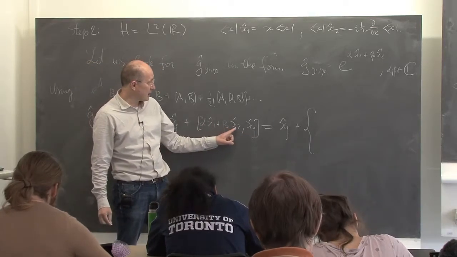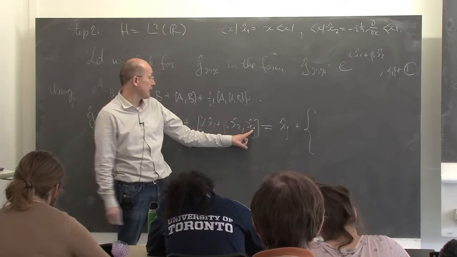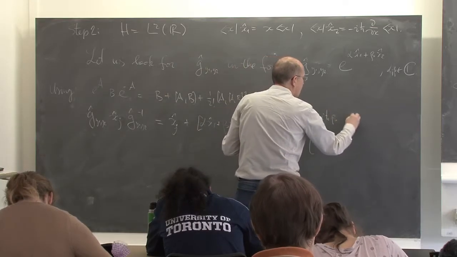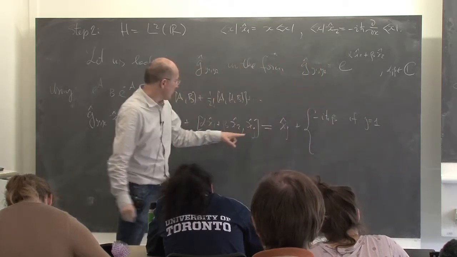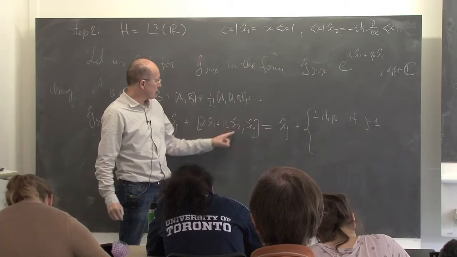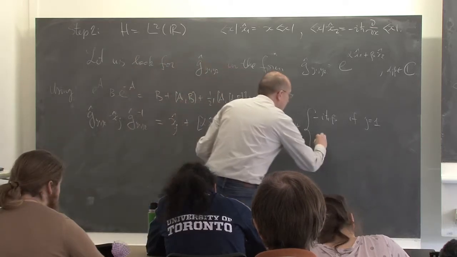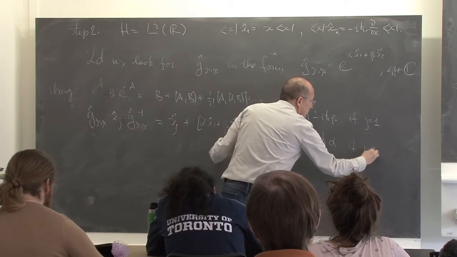So we have beta times the commutator of x2 and x1, which is minus i h bar. So we have minus i h bar beta if j equals 1. If j equals 2, this term doesn't contribute, so alpha times the commutator of x1 and x2. It will be i h bar alpha if j equals 2.